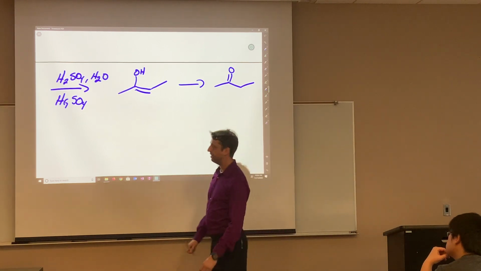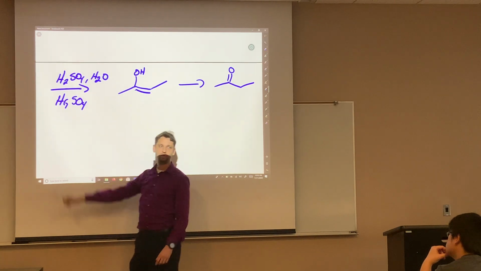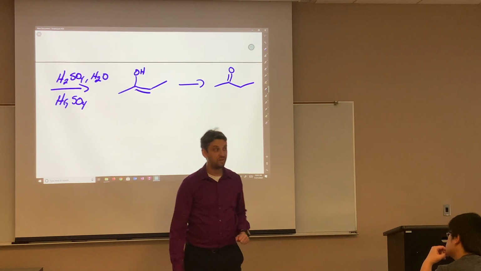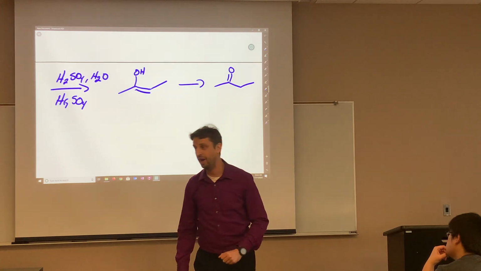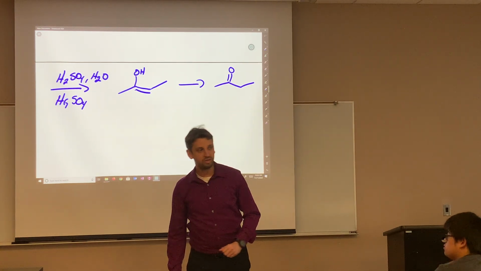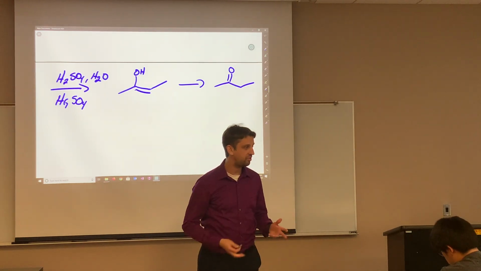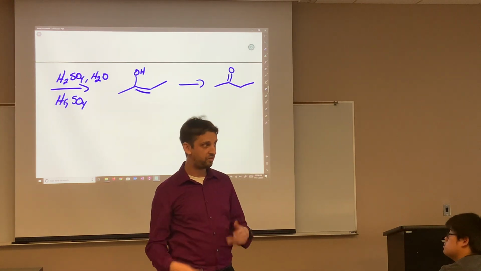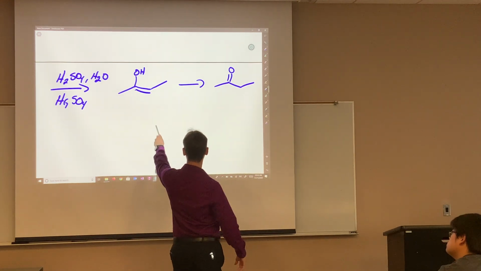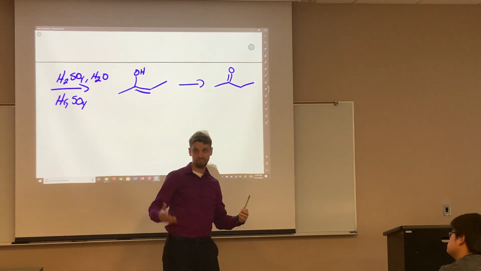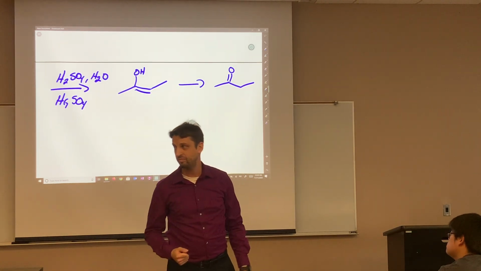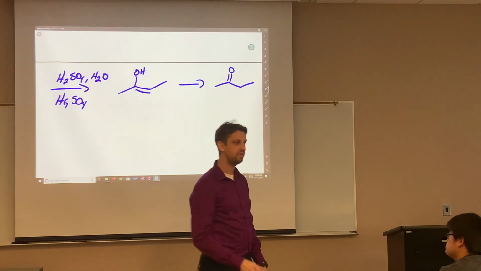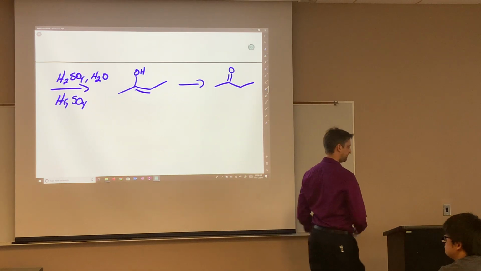And I'll give you a third hint. It has nothing to do with the mercury. As a shocker, we have a strong acid in here. Wow. How do you think strong acids behave? Like an acid. So what do you think is going to be the first step for this explanation here? Acid base. Probably, right? So I want you guys to see what you come up with.